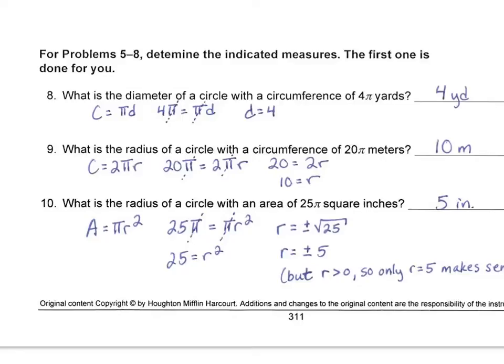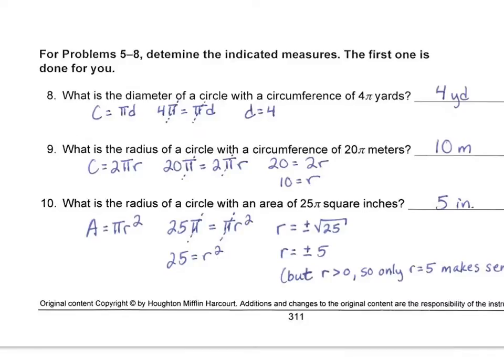For number 10, we want to know what is the radius. This time we're being given an area. This is a little tricky. Be careful here. If the radius is what we need to find and the area is what's given, we're going to use our pi r squared formula for area. We're going to substitute our 25 pi in there for the area value.